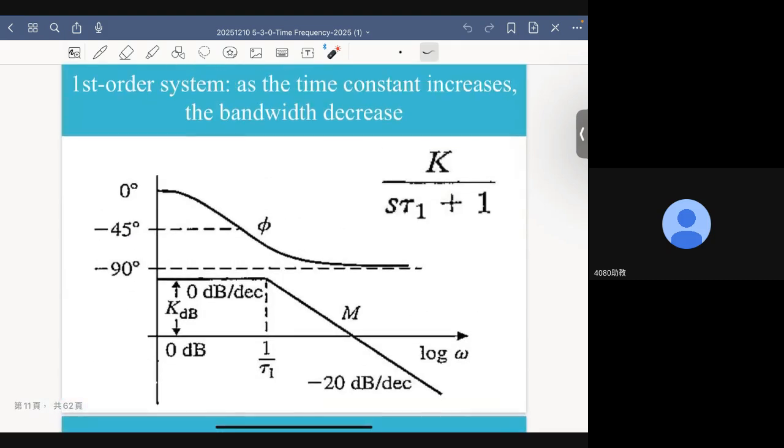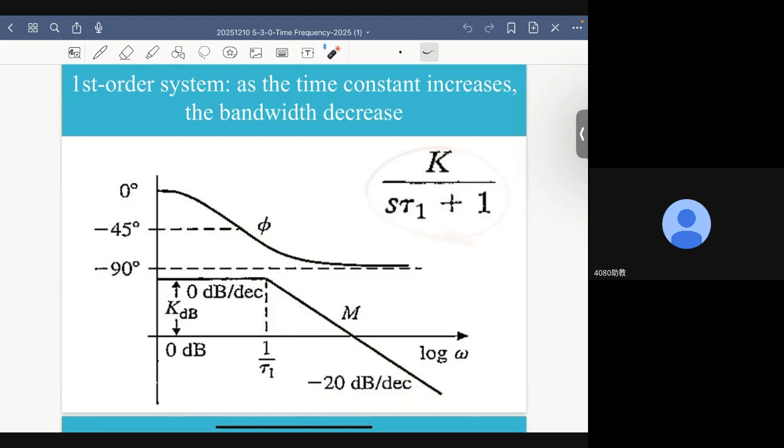So this is the transfer function of the first order system that is being considered, and this is, I'm sorry, its phase response, and this is the amplitude response or magnitude plot of this transfer function, okay?